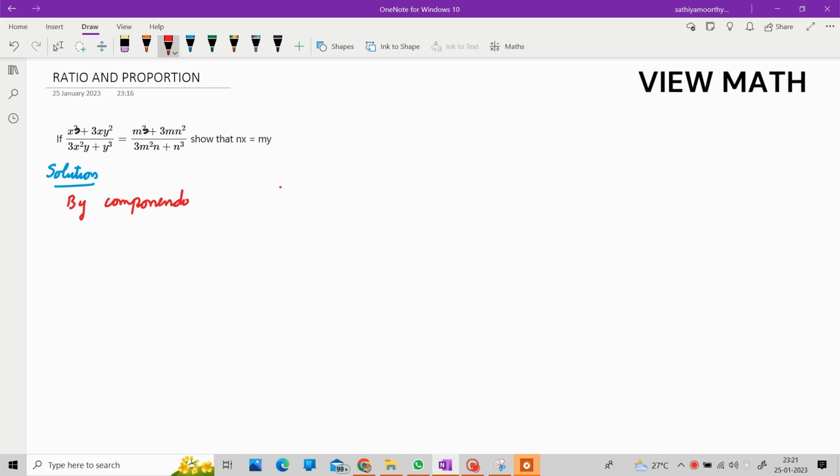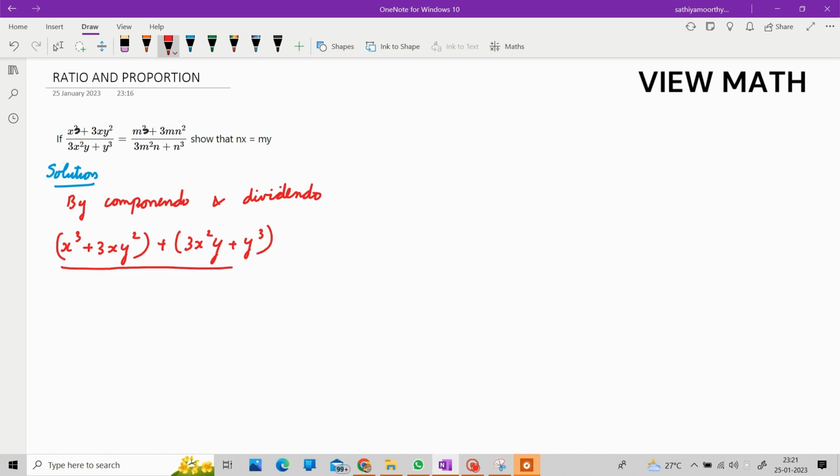By applying componendo and dividendo property, we get x cube plus 3xy square plus 3x square y plus y cube divided by x cube plus 3xy square minus 3x square y plus y cube.